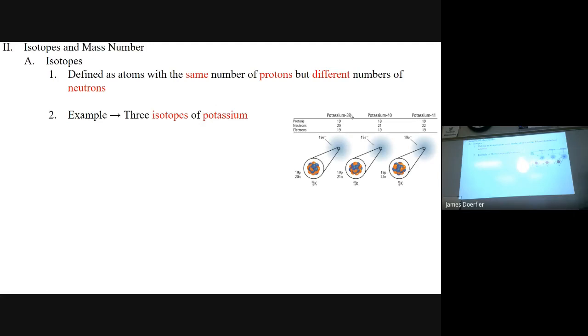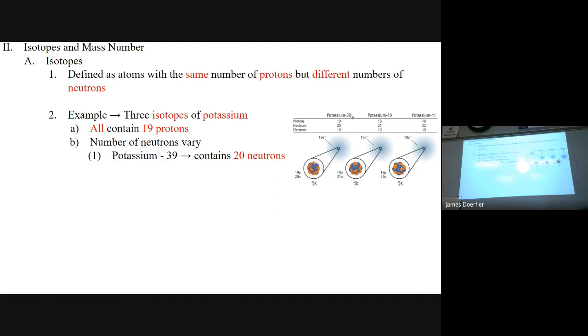So let's look at the three isotopes of potassium. Every single one of them contains 19 protons, even though, as you'll see here, the number associated with the isotopes changes. In addition to learning about isotopes, we are also going to learn about the two different ways in which we can name isotopes, and you're looking at one right now. Potassium-39.